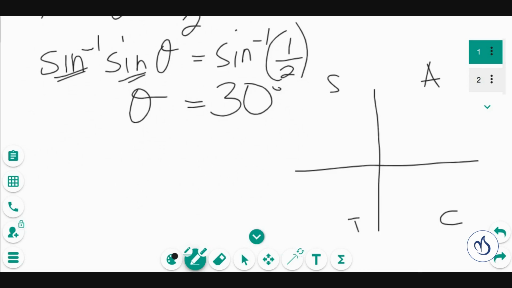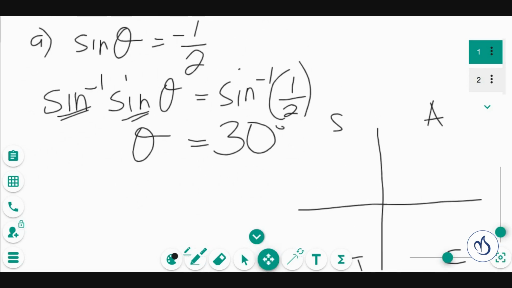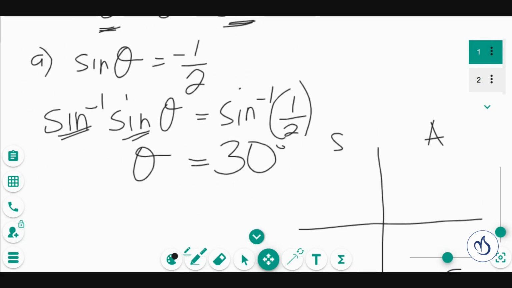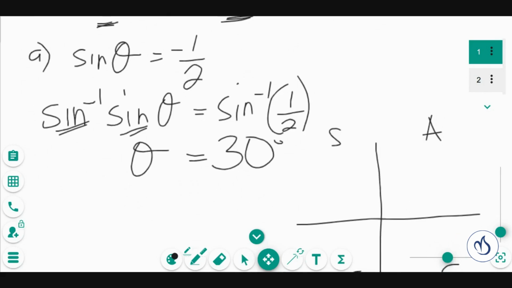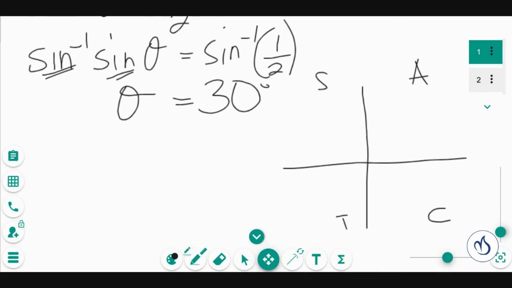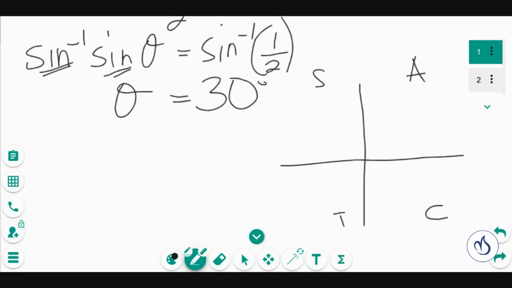Now, before I did the sine inverse, the value of my sine theta was -1/2, meaning I am going to only use quadrants where sine is negative. Where sine is negative, those are the only places where this 30 satisfies. When you look at the first quadrant, all of them are positive. That means I cannot use that. The second quadrant, sine is positive. I leave it.